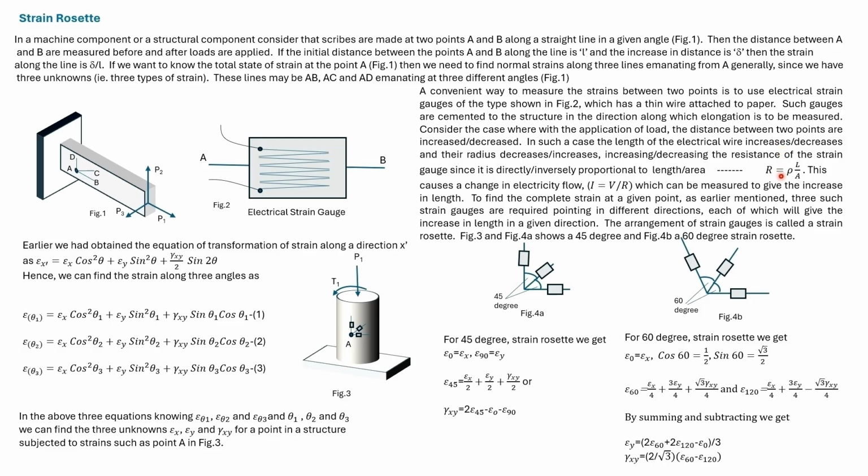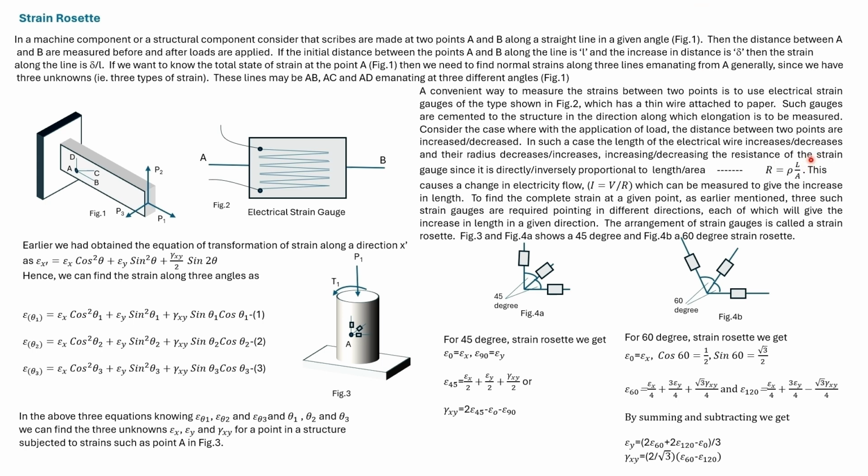The resistance of a wire is given as rho L divided by A, where rho is the material resistivity, L is the length, and A is the area. So if the length increases, the area will decrease and R will be higher.